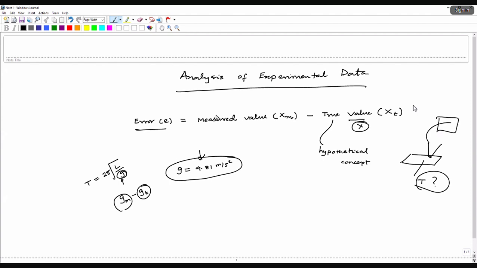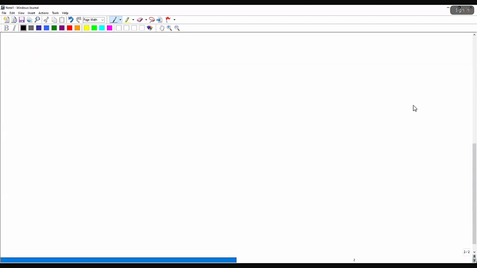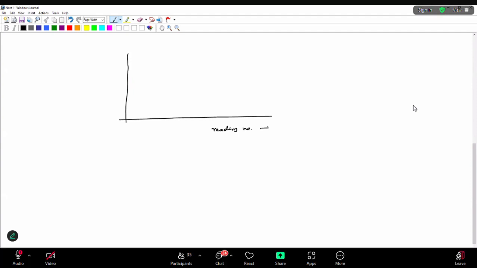Now, let's take the same example. You are trying to measure the temperature of the surface using a thermocouple, and you take, let's say, 100 data points. Let's say this is the reading number, and on the y-axis you have the measured value, the temperature that you measured.